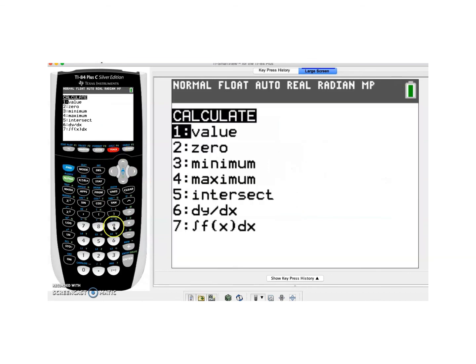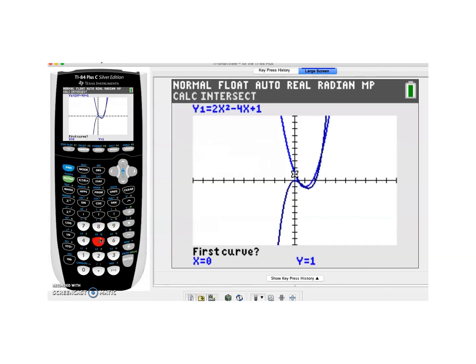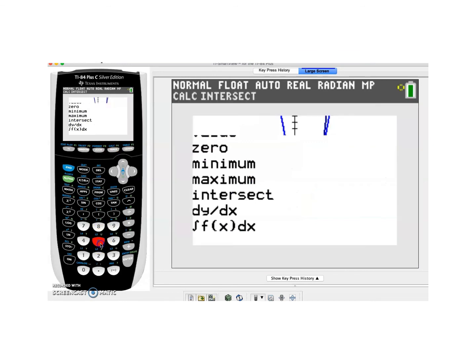If I do second trace, option 5 says intersect. So I just hit enter, it switches to the other curve, enter, enter. There's my first intersection, which, to 2 decimal places, is (0.38, -0.24). For the second point, again, second trace, option 5.